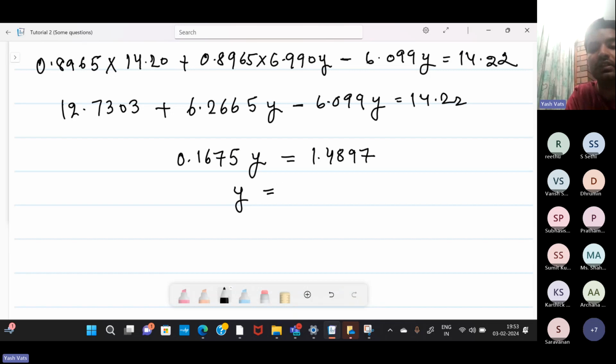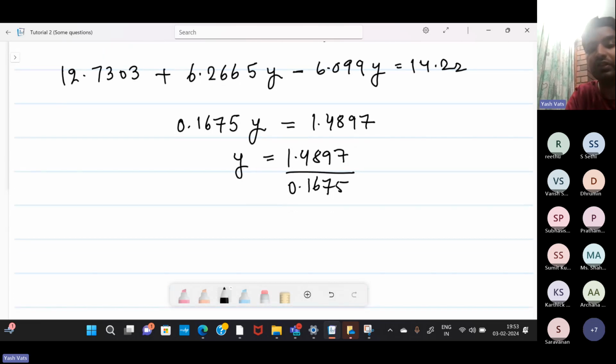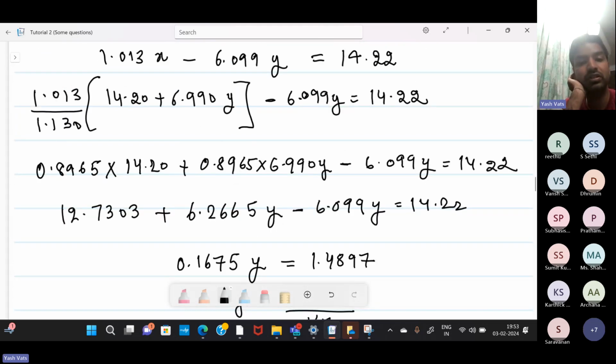So you just divide again. 1.4897 divided by 0.1675 is 8.89373. So after rounding, it should be 8.8937.